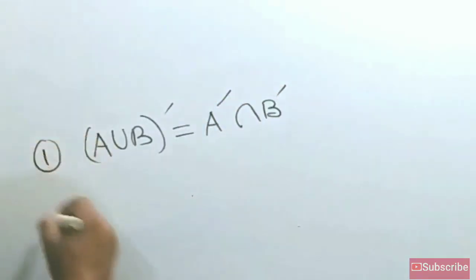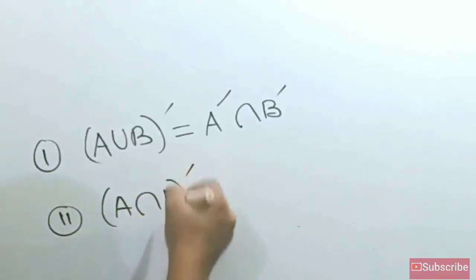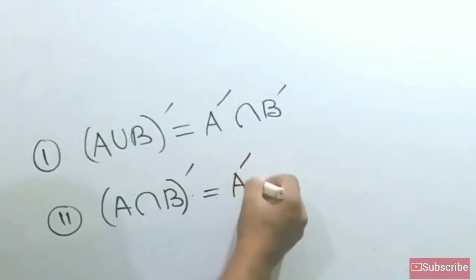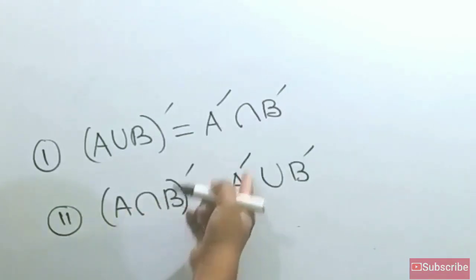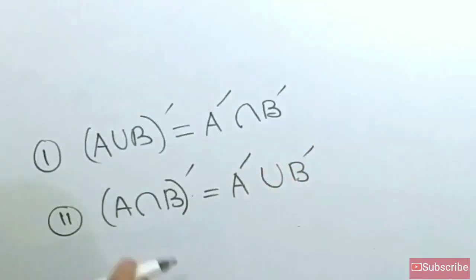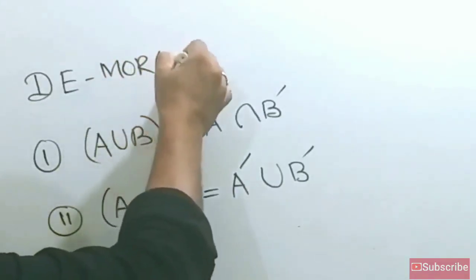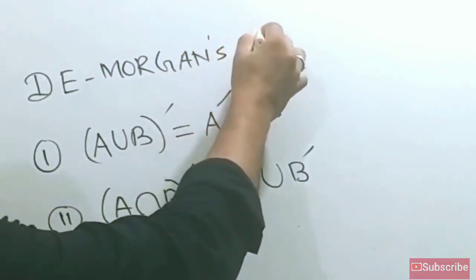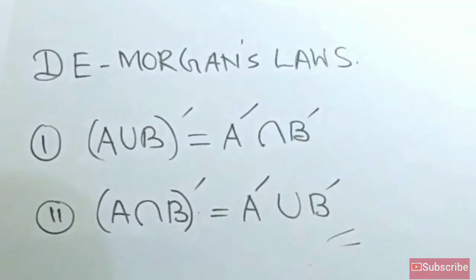This is the first law, and the second one is the complement of A intersection B is equal to A dash union B dash, where A and B are any two sets, and A dash is the complement of A, B dash is the complement of B. So these are actually De Morgan's laws. This is a very important law. These properties you should remember.